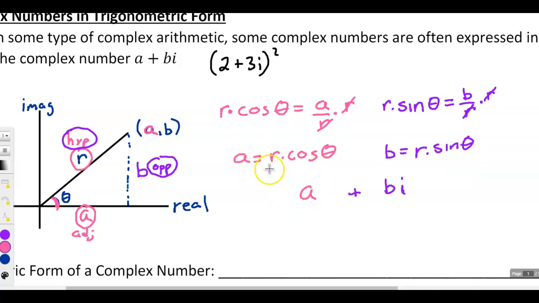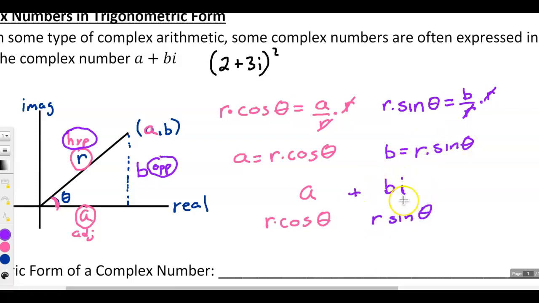Wherever there's an a, I'm going to write that instead as r cosine theta. So if I want to find the real part of any complex number, I'm really just going to multiply the radius times the cosine of the angle we're working with. And then any b values, I'm going to write instead r sine theta.